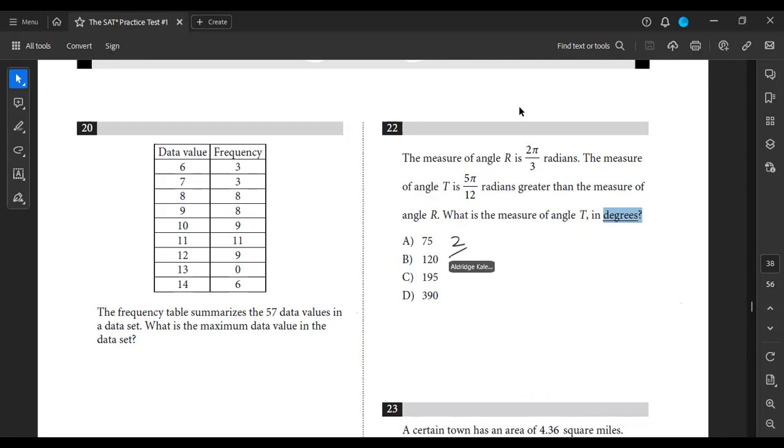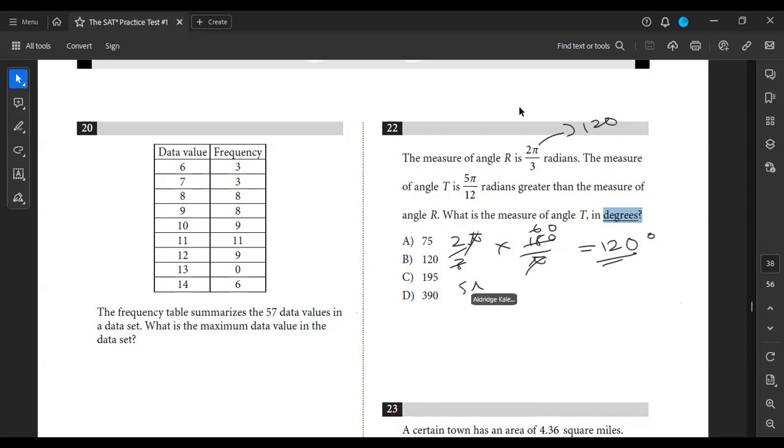So you've got 2 pi over 3, right? So we convert this to degrees, which means we'll multiply by 180 over pi. 3 into 18 is 6. So 60 times 2. So the first one is 120 degrees. So R is the same as 120.